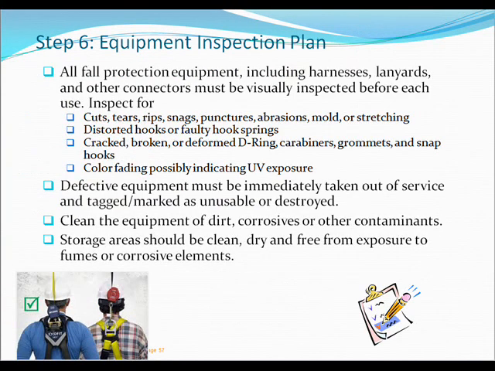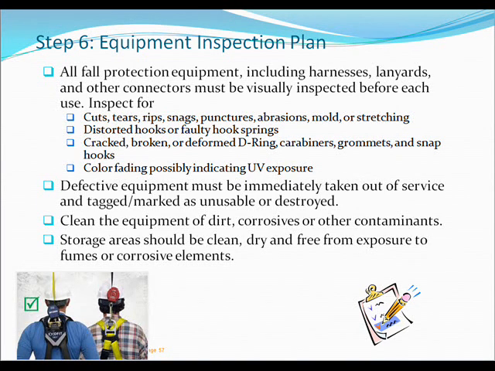Step 6. Equipment inspection plan. Fall protection equipment, including harnesses, lanyards, and other connectors, must be visibly inspected before each use. Inspect for cuts, tears, rips, snags, punctures, abrasions, mold, or stretching, distorted hooks, or faulty hook springs, cracked, broken, or deformed D-rings, carabiners, grommets, and snap hooks.